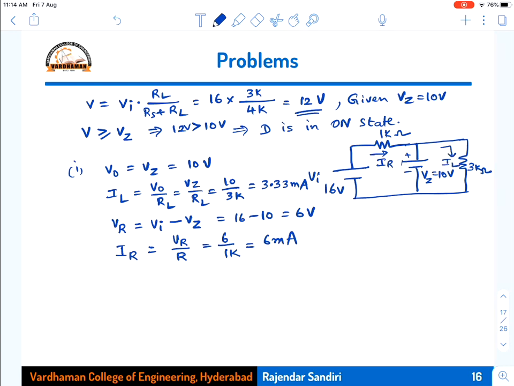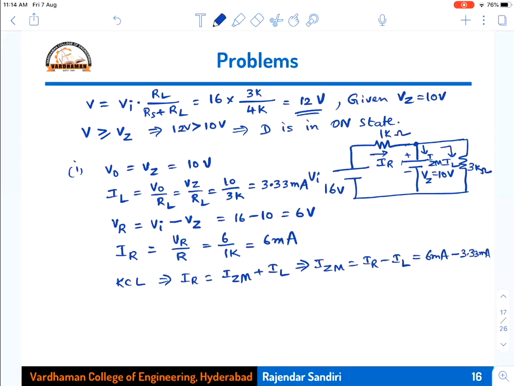Now what is IZM? Apply KCL: IR is equal to IZM plus IL. Then IZM is equal to IR minus IL. That is IR, 6 milliamperes, minus IL, 3.33 milliamperes.